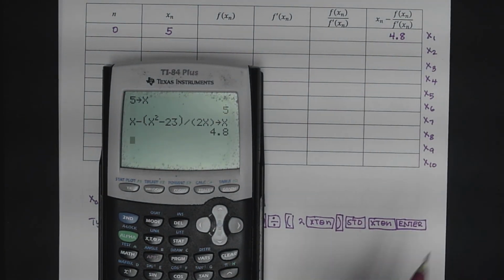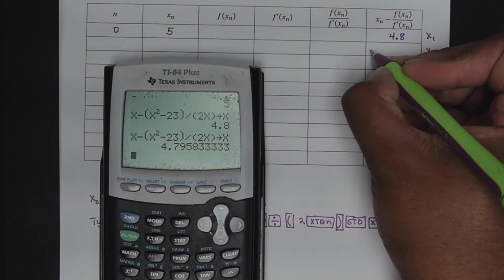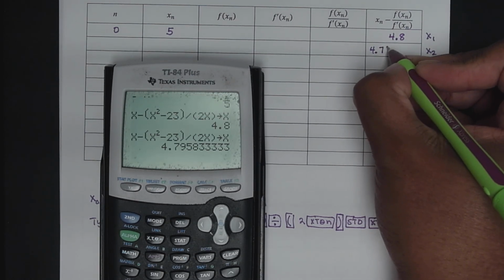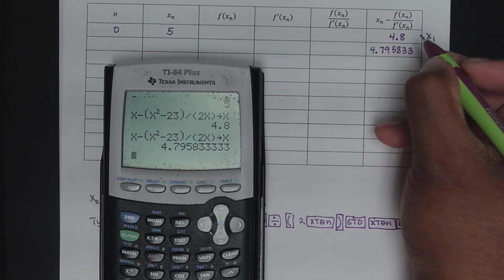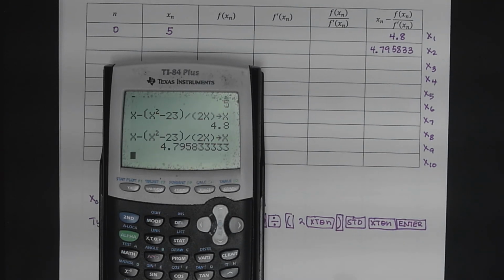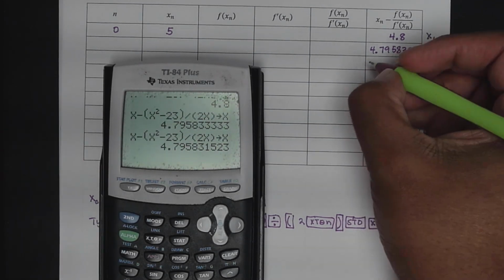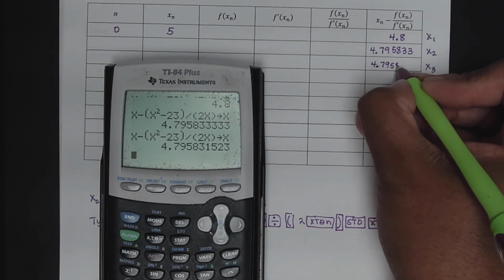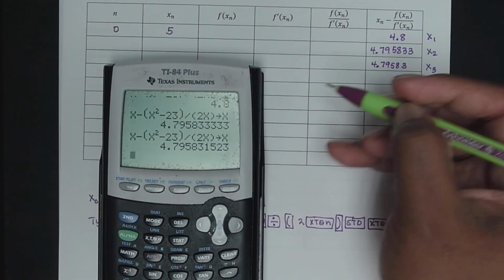And then to get x2, just press enter again. That will be 4 point, and we're rounding to 6 decimal places, 7, 9, 5, 8, 3, 3. And then to get the third iteration, x3, you'll press enter again. So it'll be 4.79583, and the 5 will make the 1 a 2.